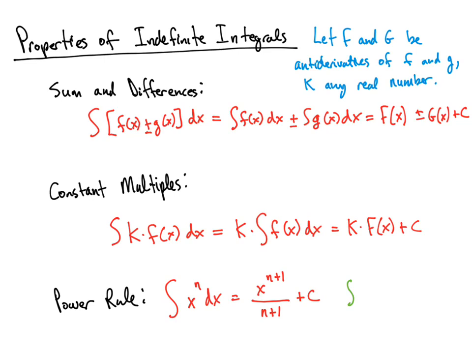If I have the integral of x to the 5th dx, by the power rule for integrals, we're going to raise that exponent by 1 and then divide by whatever that new exponent is. And again, if we were to use the power rule to find the derivative of this new antiderivative, we'd say 6x to the 5th divided by 6, the 6's cancel, and we end up with what we started with.